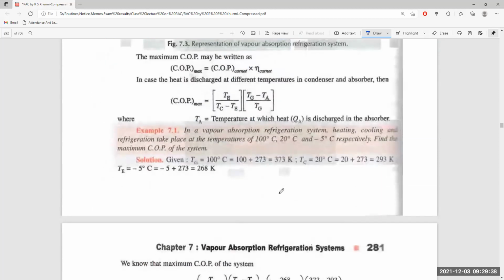In a vapor absorption system, heating and cooling take place at temperatures of 100 degrees centigrade and 20 degrees centigrade, and the refrigerant at minus 5 degrees centigrade. So the temperature of the generator is 100 plus 273, that is 373 K. The temperature of the condenser is 20 plus 273, 293 K, and the temperature of the evaporator is minus 5 plus 273, 268 K.